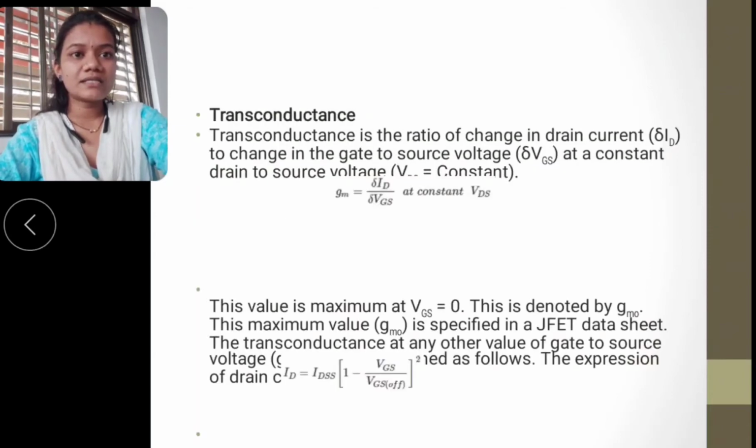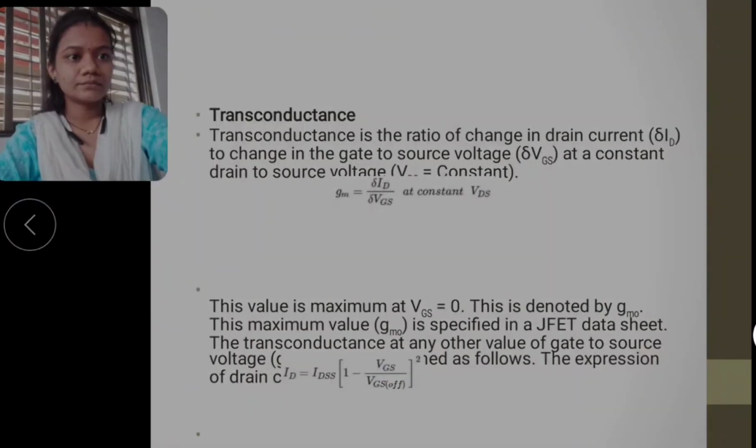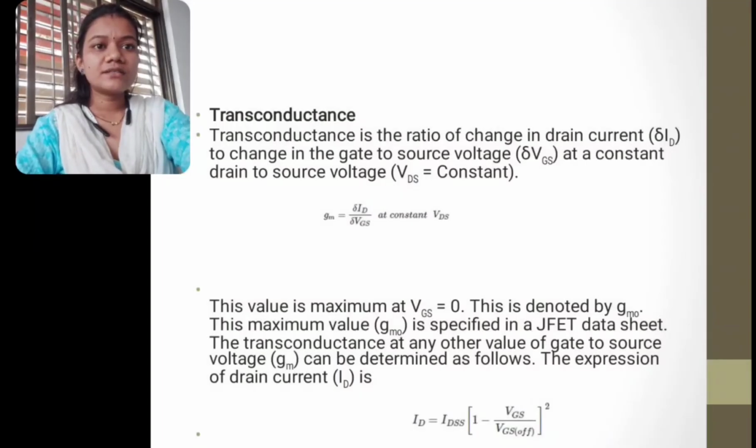Now next is transconductance. What is transconductance? Transconductance is the ratio of change in drain current, that is ID, to the change in gate to source voltage, that is VGS, at constant drain to source voltage.